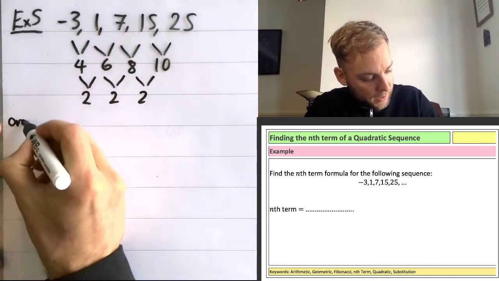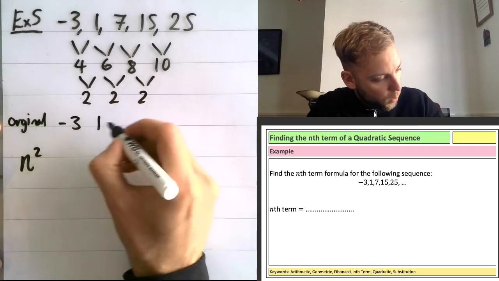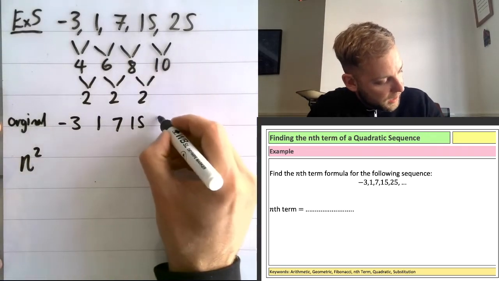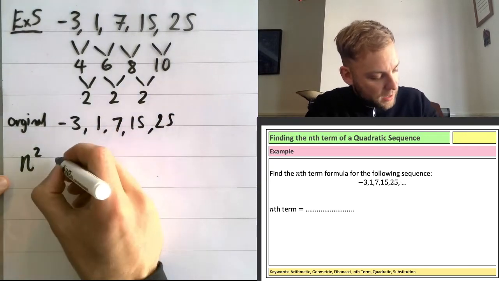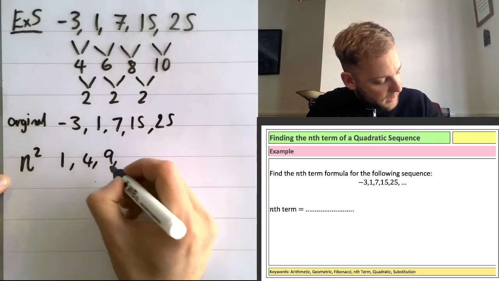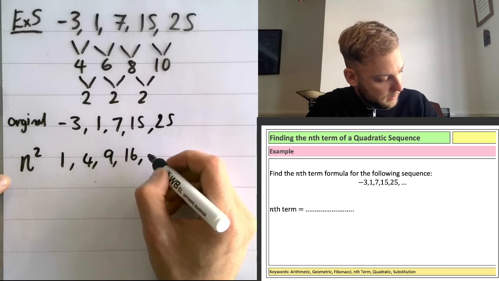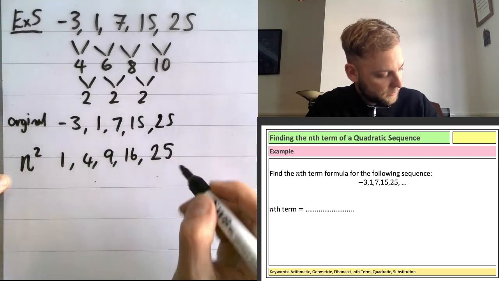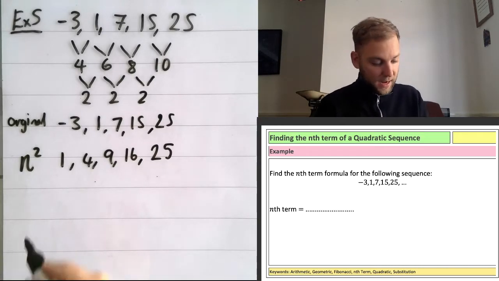And I also write my original sequence: minus 3, 1, 7, 15, and 25. Then n squared: 1 squared is 1, 2 squared is 4, 3 squared is 9, 4 squared is 16, and 5 squared is 25. Then I subtract these.